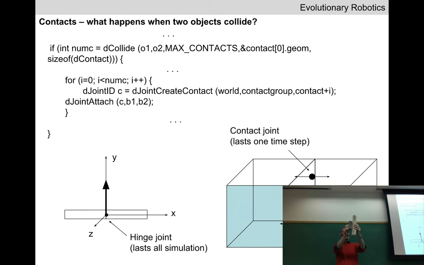Right, so there's really three cases: face, edge, or vertex. Depending on the relative orientations and positions of the objects, remember that ODE knows the positions and orientations of both objects. It approximates where they're touching based on their geoms, their shapes, and their relative position and orientation. So it approximates that shape and then just drops some points in that shape.